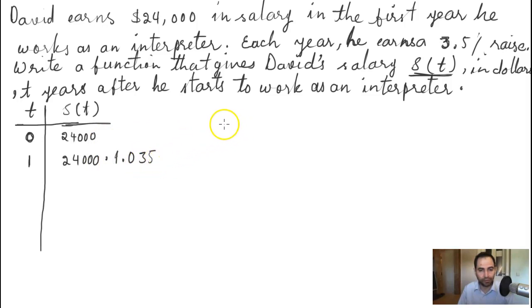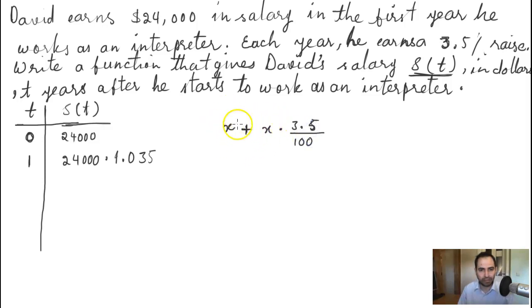Of course we have talked about this, but we can basically see how we got to this 1.035. If you have any amount, let's call it x, and if you want to increase it by 3.5%, you add 3.5% of x to x. So it is basically x times 3.5%, or 3.5 divided by 100.